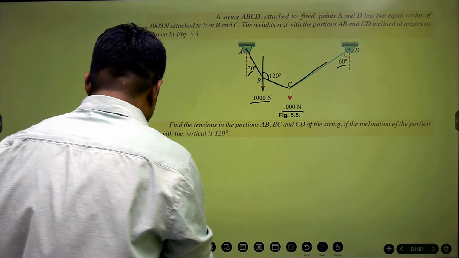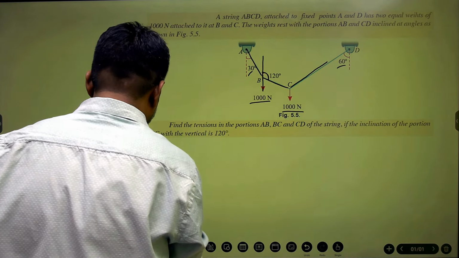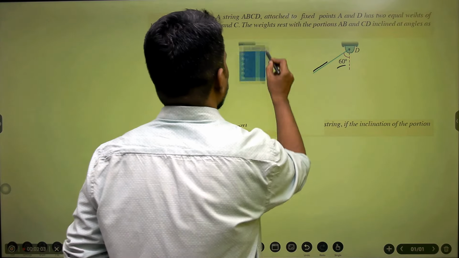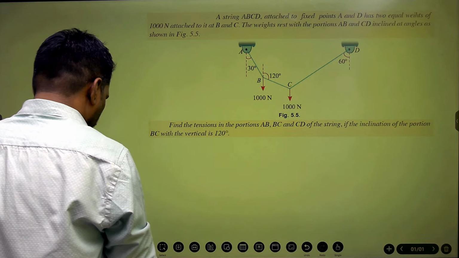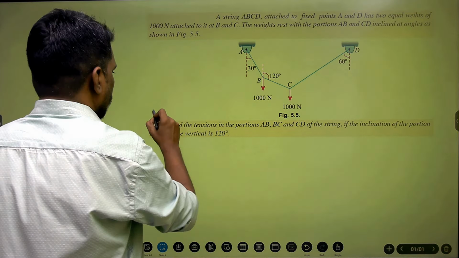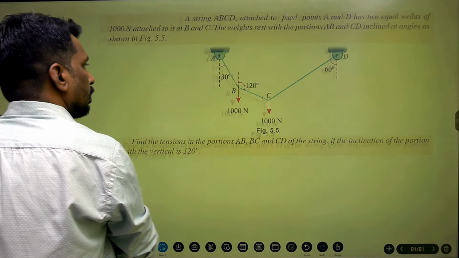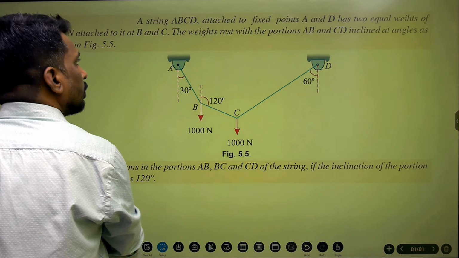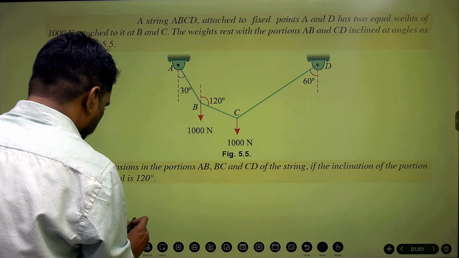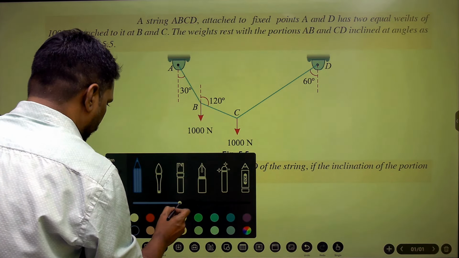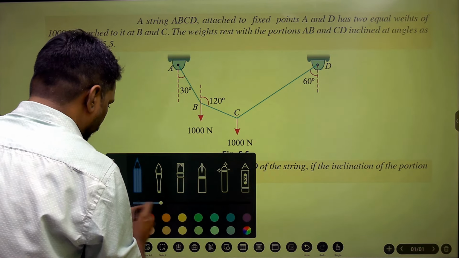In order to understand the FBD, let me first enlarge this figure. Now you can easily understand the different angles and the free body diagram of each and every point. I'll go one by one through all the points.